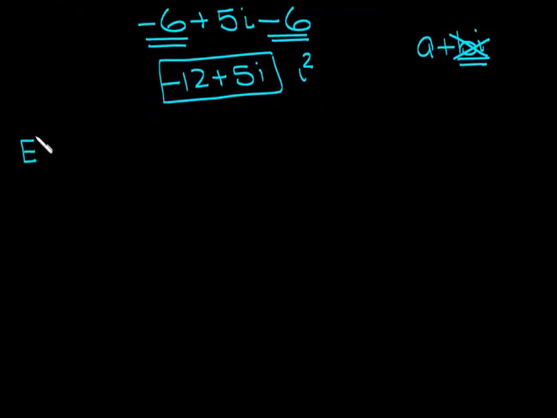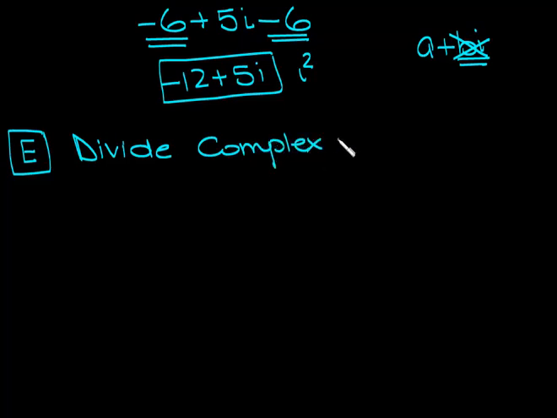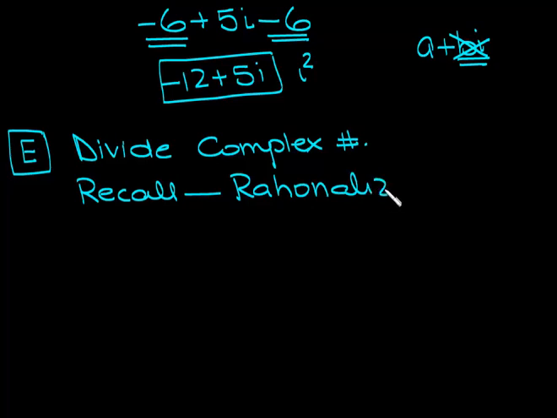The next thing we want to do is divide complex numbers. So this is very similar to the topic we covered in the section on radicals, on rationalizing. It's exactly the same. Because in essence, if you have a complex number in the denominator, for example, let me show you two examples.